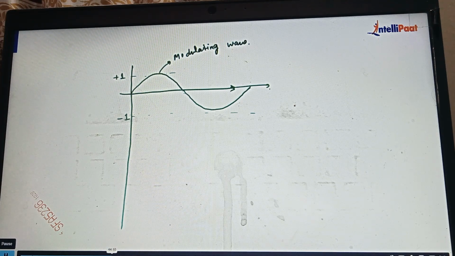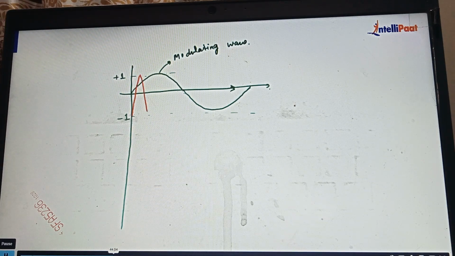Now let's talk about the triangular one. Now the triangular will be varying. So how do we vary the triangular wave? The triangular one is starting from, let's suppose, -1, and it is going up. Okay, so the frequency is higher. So when the modulating wave is completing one cycle, this triangular wave is intersecting the half positive cycle multiple times.